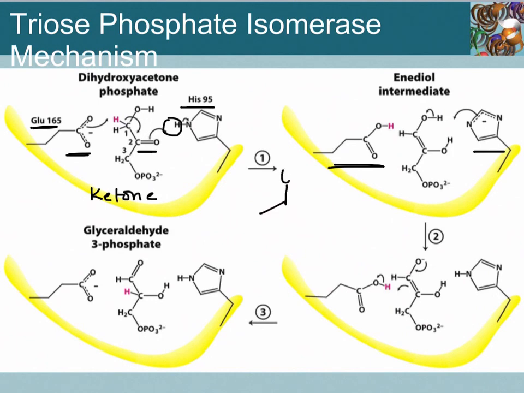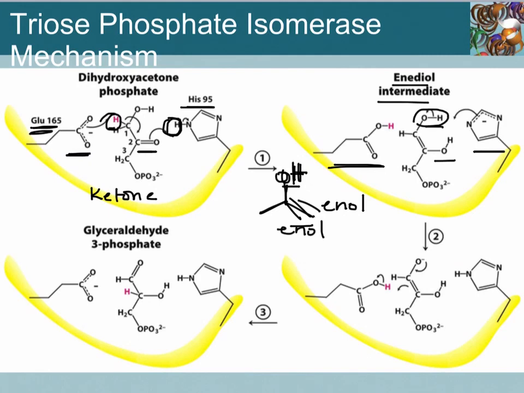If you remember from organic chemistry, this is an enol, when you have an OH attached to a double bond. We have two OH groups here, hence the diol. The histidine can now take this hydrogen. As a result of taking this hydrogen, we get a negative charge on the oxygen.